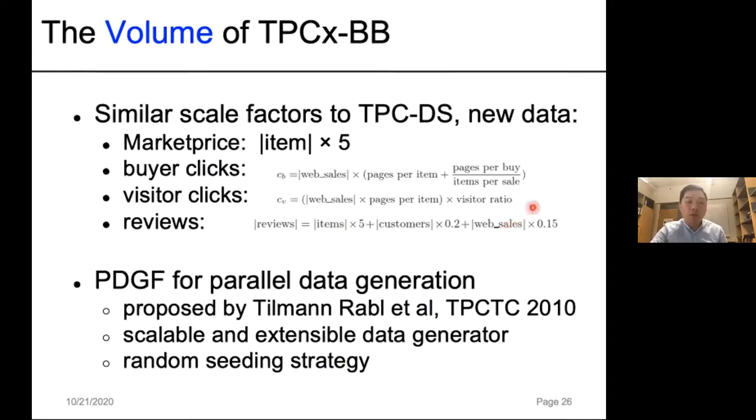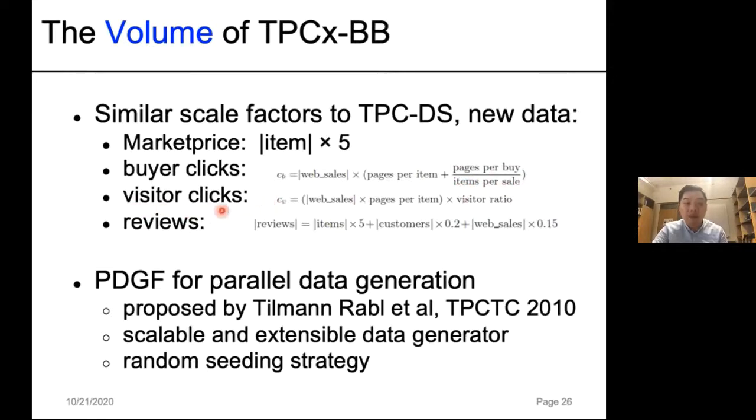For the volume of TPCx-BB, the size of structured data uses the same scale factor as TPC-DS. For the market price table, it is assumed that an average of 5 competitors' prices are stored for each item. And the size of the web log depends on the number of clicks made by the buyers and the visitors. The buyer clicks depend on the web sales, pages per item, pages per buyer, and items per sale.